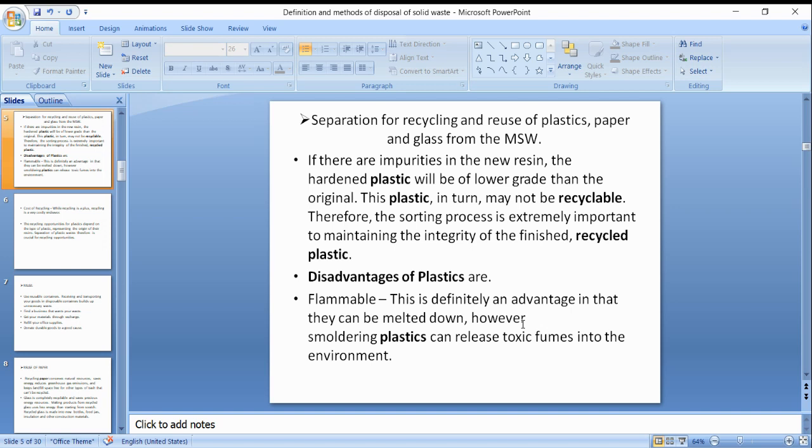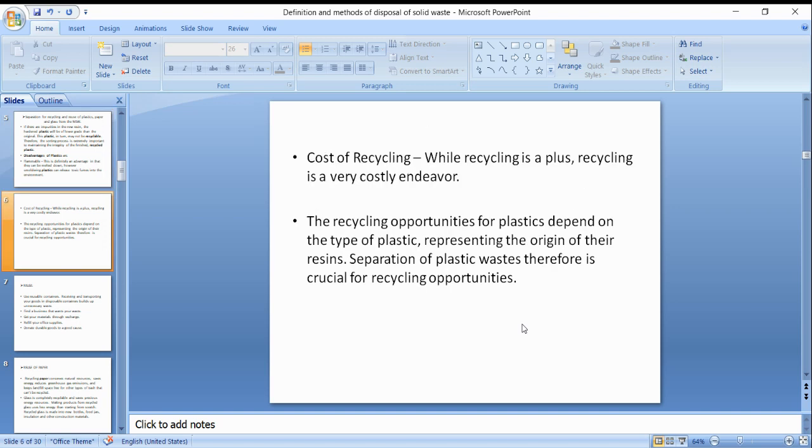It can be used for household things like buckets, or the plastic we are using at present for household kitchen items. So instead of always getting new resins, already used plastic can be used this way. So regarding the cost of recycling, while recycling is a plus, it is a very costly endeavor. Recycling is also not easy, and it is somewhat costly.